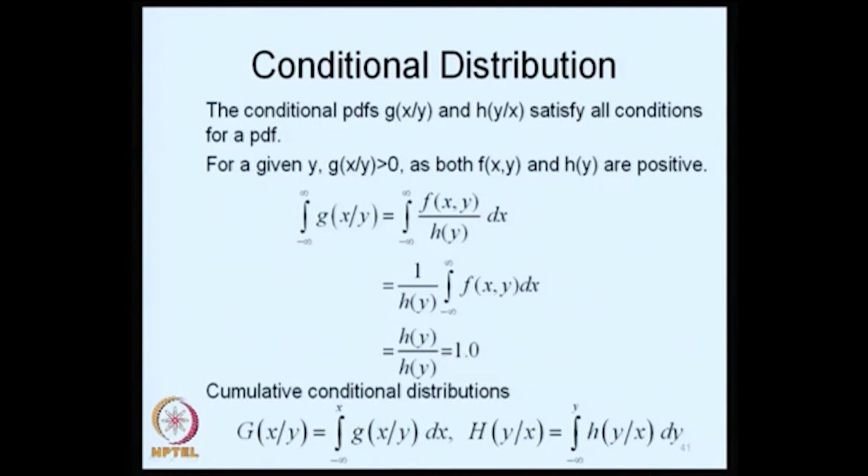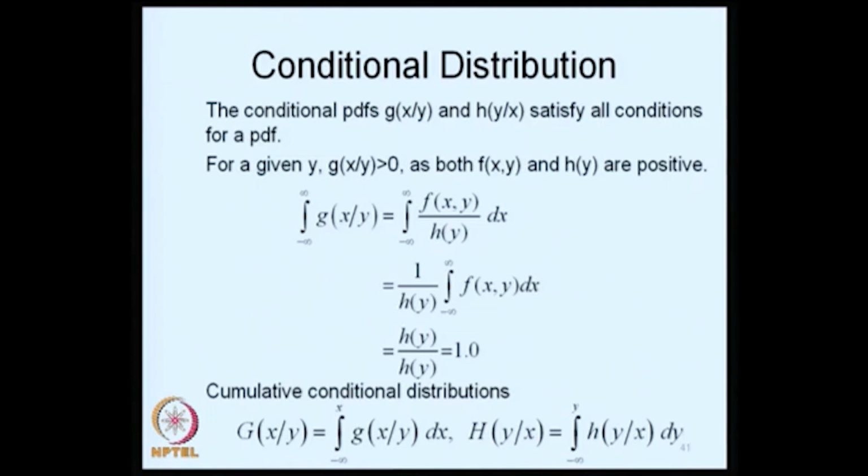Once we get the conditional density functions, we can talk about the associated cumulative distribution functions. So, we talk about the capital G of x given y as the integral from minus infinity to x of g of x given y dx, and similarly the conditional cumulative distribution function of y, capital H of y given x, as the integral from minus infinity to y of h of y given x dy.